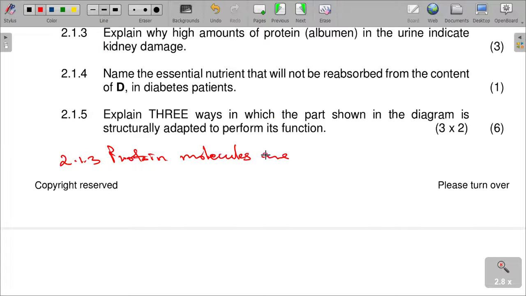Generally they cannot pass through the tiny pores of the thin glomerular membrane.